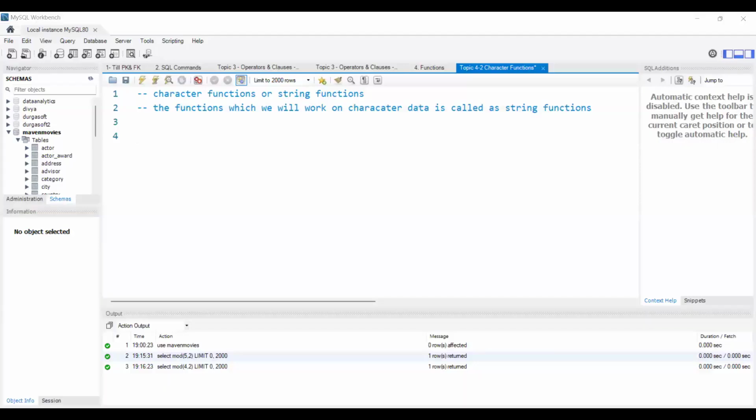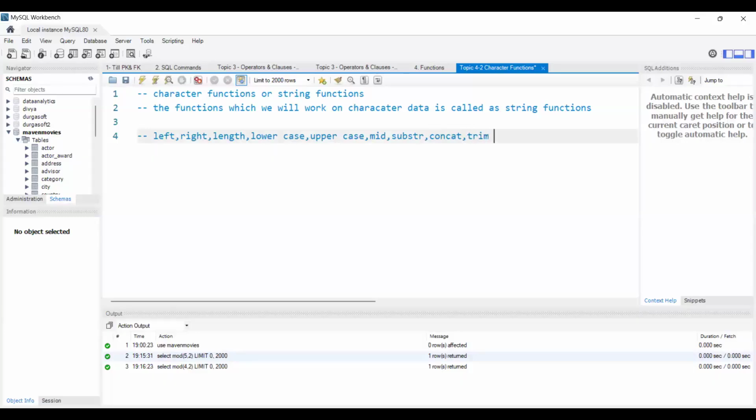So what are all the string functions? Left, right, length, lowercase, uppercase, mid function, substr, concat, which is the most important function.